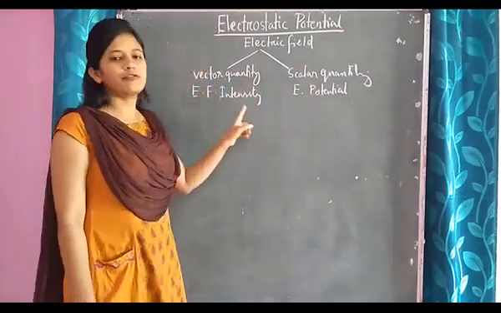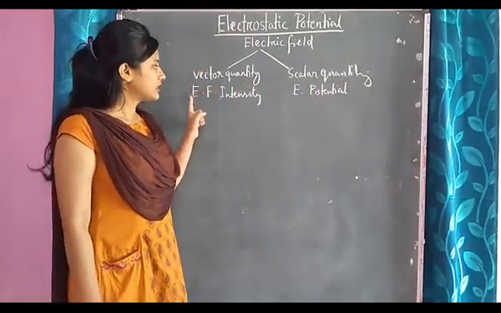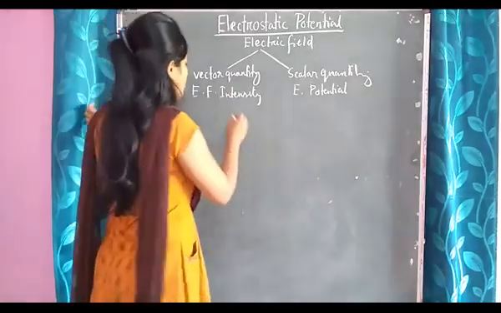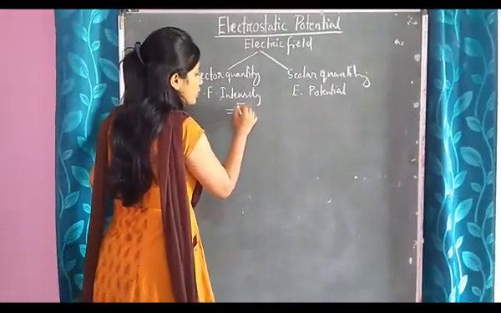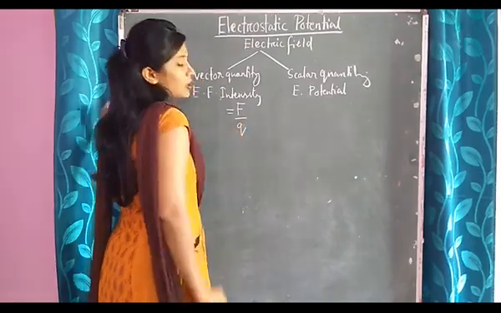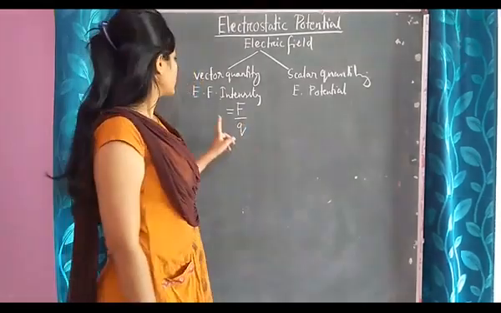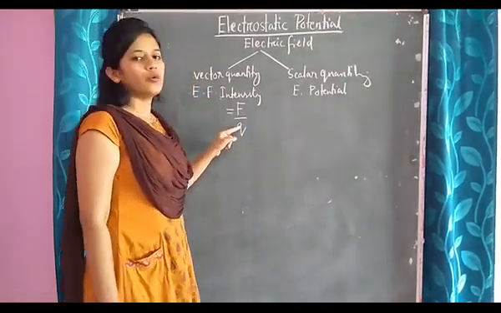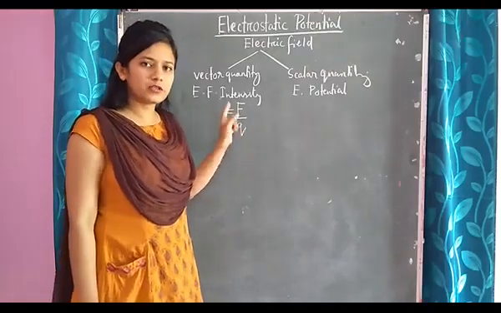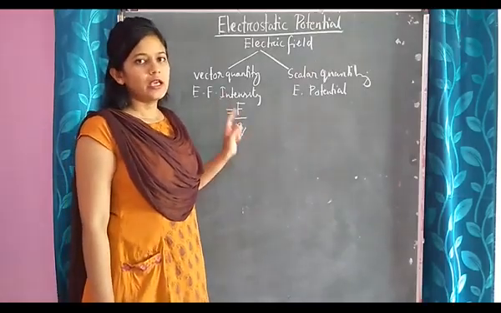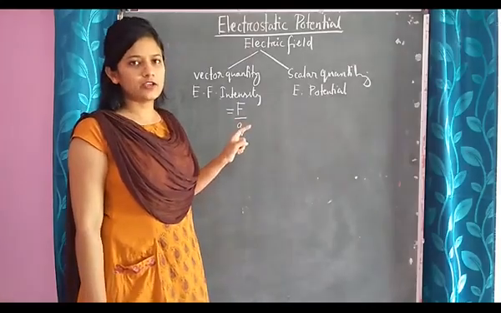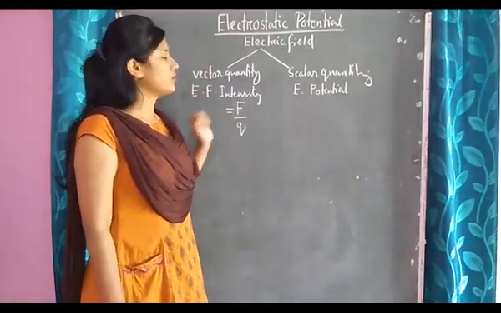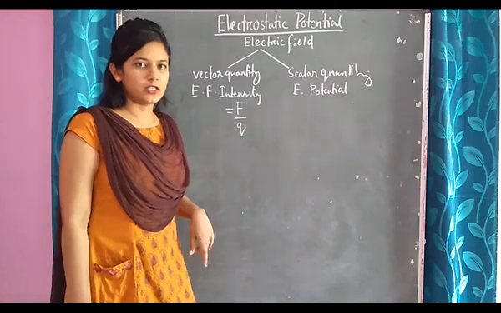So electric field intensity gives us the force experienced per unit charge. In order to know the force experienced by a charged particle in a region of electric field, we use electric field intensity.